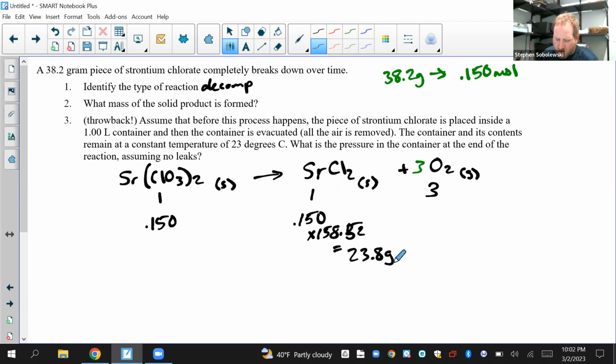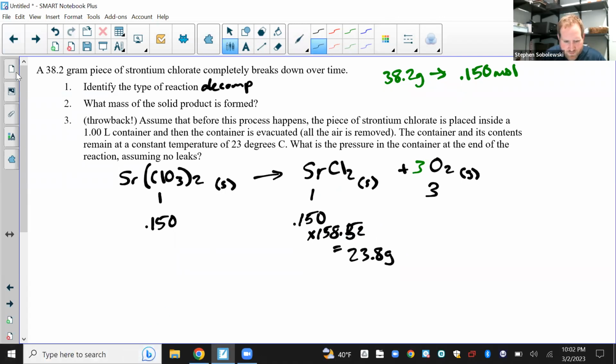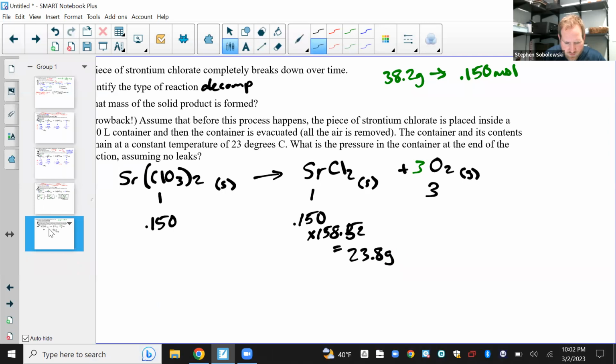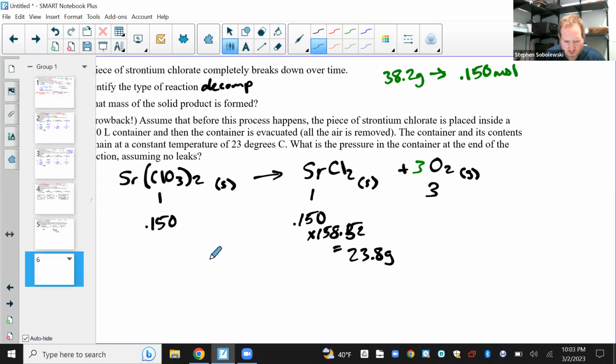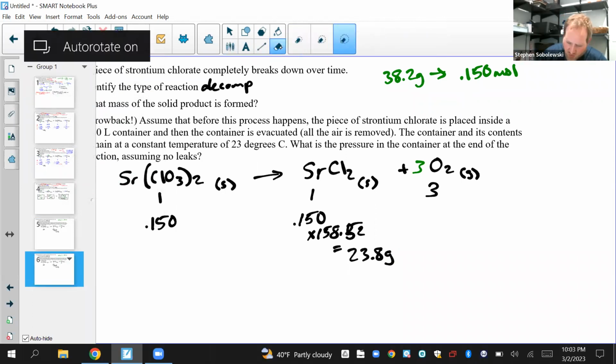Let's solve the throwback. I'm going to go ahead and clone this page just to save the equation, give myself some room. Erase some of this work here.